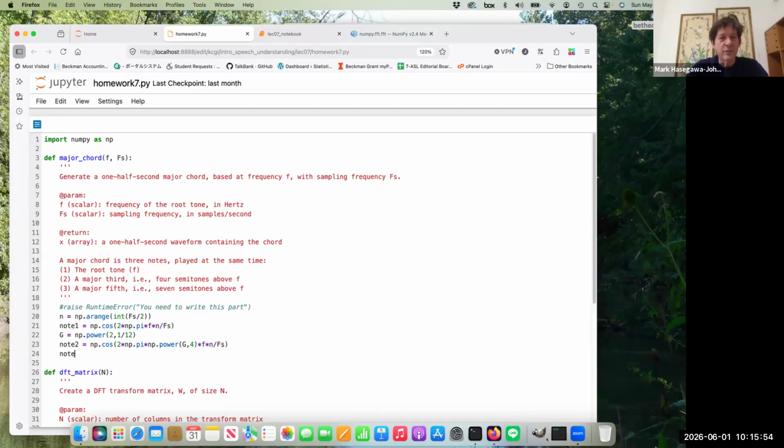And then note 3, the major fifth, is cosine of 2 times pi times g to the 7th power times f times n over fs. And then what I want to return is the sum of those three notes.